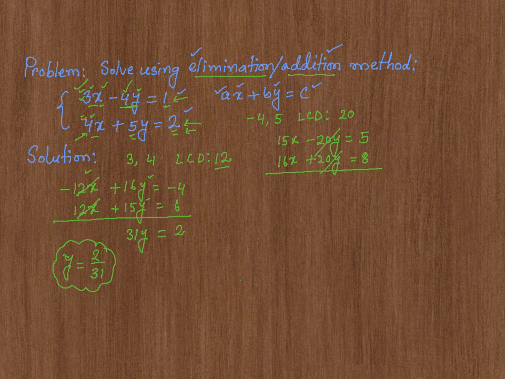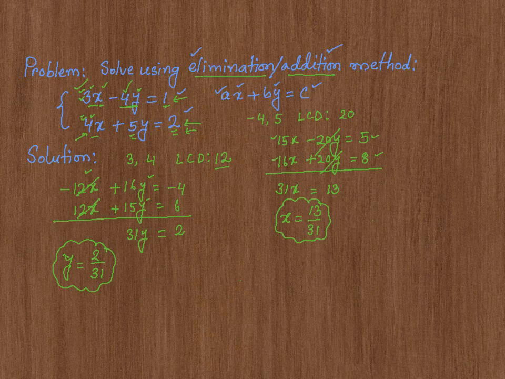And 15x plus 16x is 31x, equal to 5 plus 8, which is 13. Now I divide both sides by 31. That gives me x is equal to 13 over 31. And that's the x value.